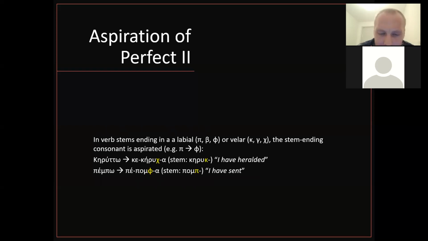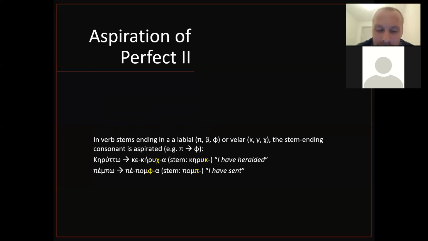To what has been said thus far, may still be added that in connection with some active perfect verbs of the kappa infix lacking perfect two type, if the verb root ends in a labial or velar consonant, the stem ending consonant is normally also aspirated.